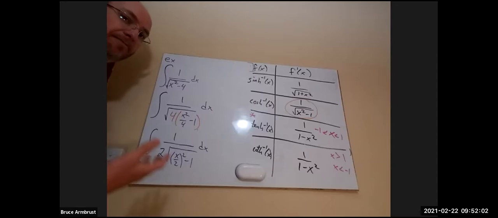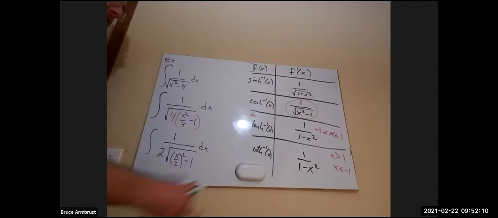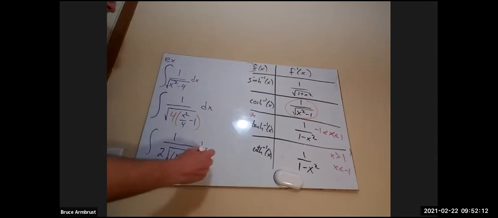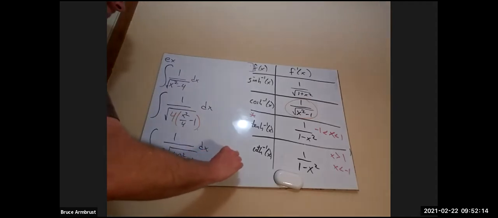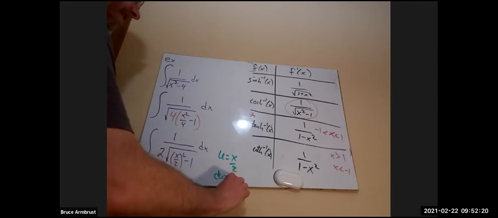And now this is begging for a u substitution. We're going to let u equal x over 2. So then du is equal to dx over 2.